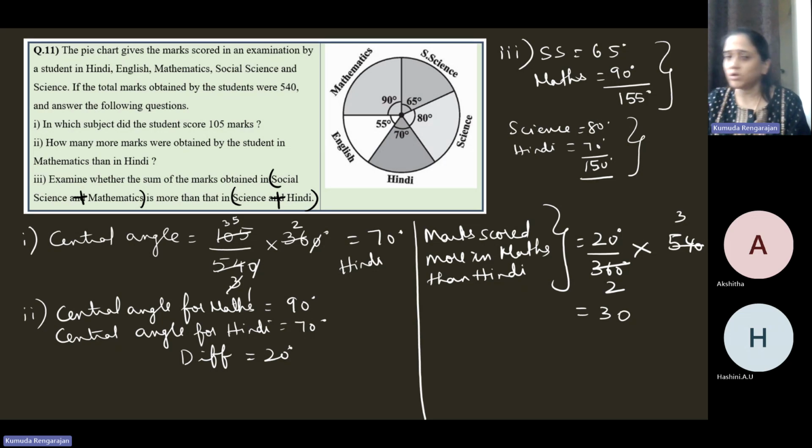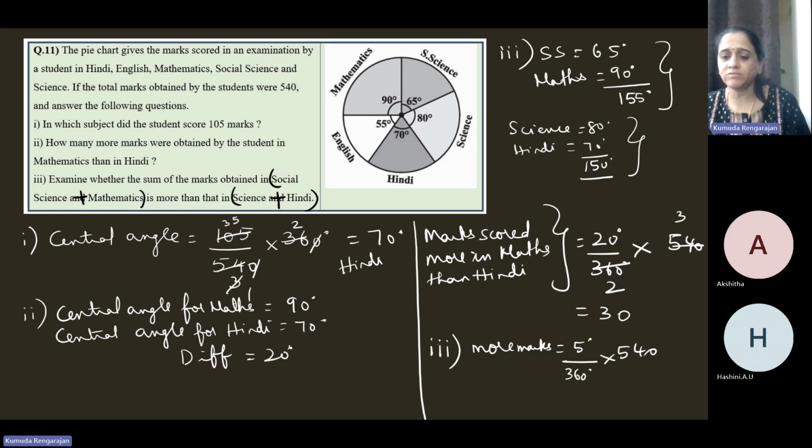So how much more? 5 degrees more. If you have to find how much more marks, then it will be 5 degrees by 360 degrees into 540.